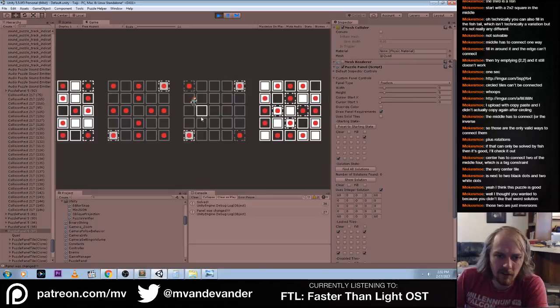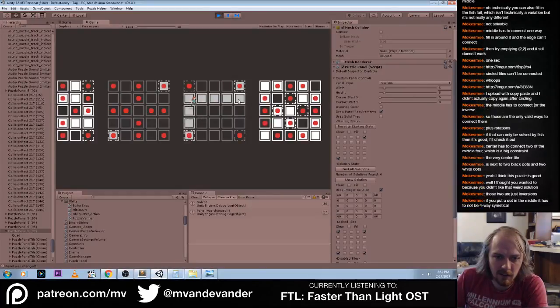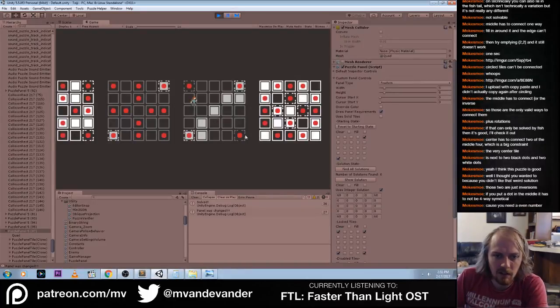I'm pretty sure this is impossible. I don't think there's any way this is doable because this has to be connected across the middle, and those have to be connected across the middle too, so there's no way to do that.